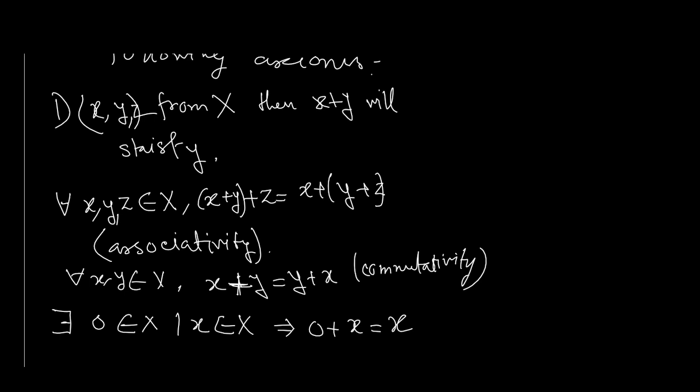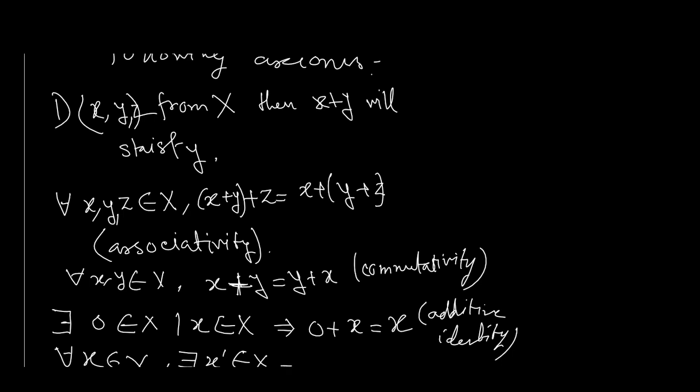This is called the additive identity. There exists another one, that is, for all x belonging to X, there exists x dash belonging to X, such that x plus x dash is equal to 0. This is called the additive inverse.